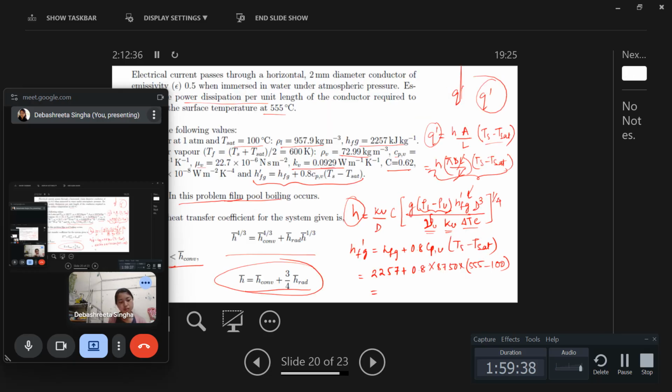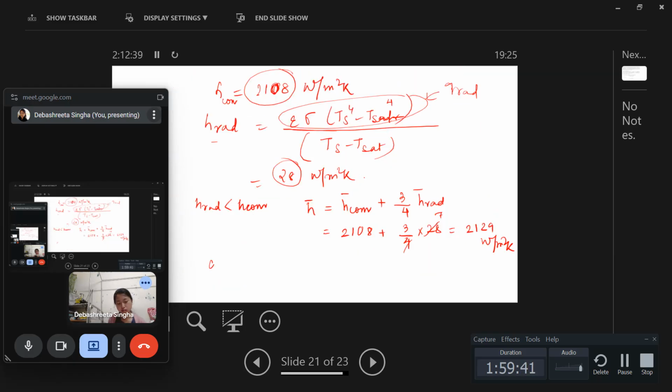Now we have to find this Q. So Q prime is h pi D into (Ts minus T sat). h is 2129 into 3.14 into D, which is 0.002, into Ts minus T sat, 555 minus 100. How much is it coming? 6083.